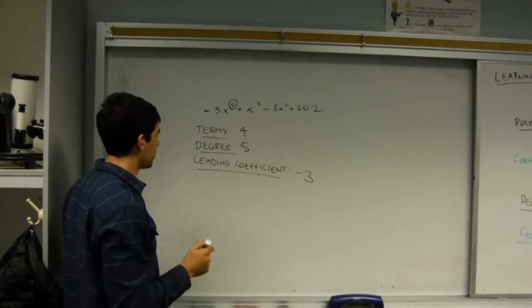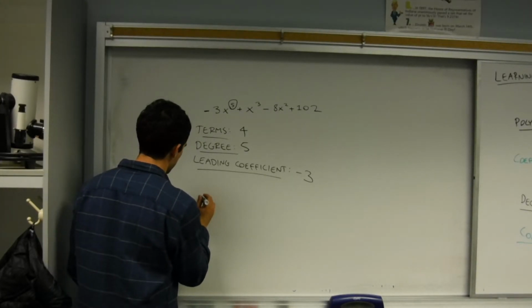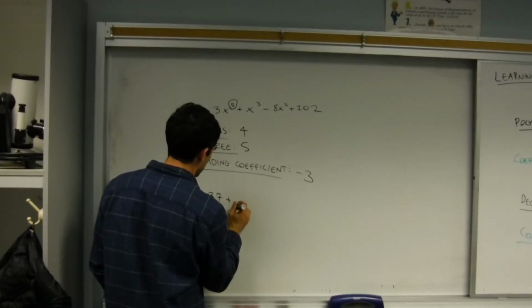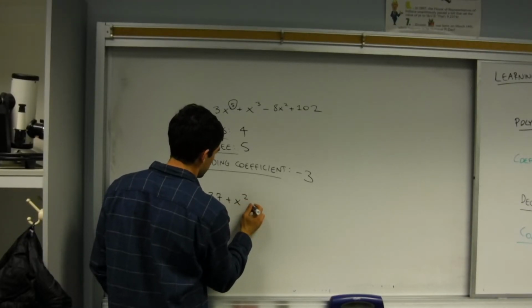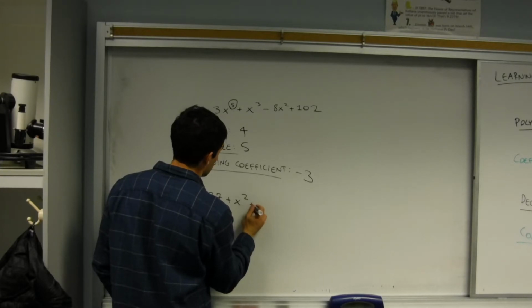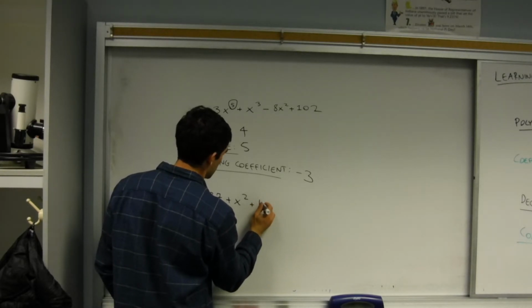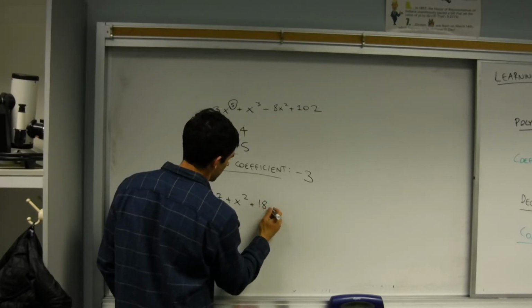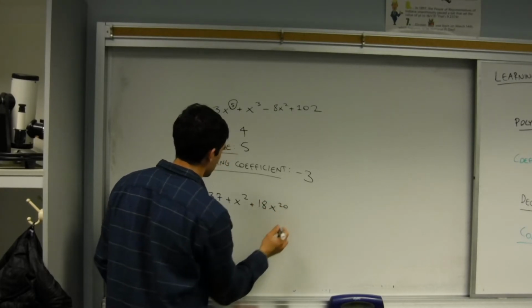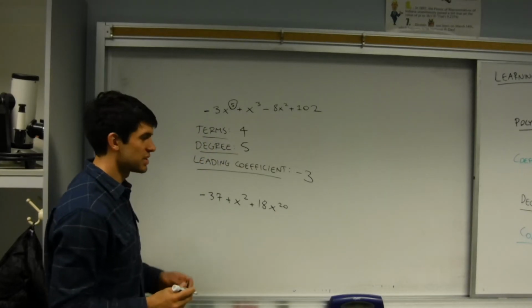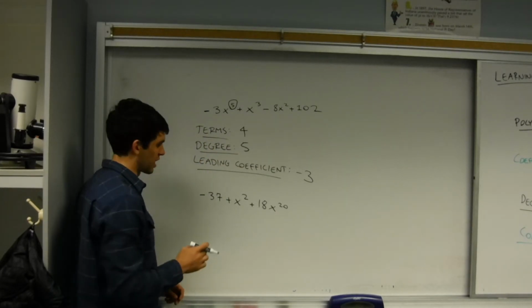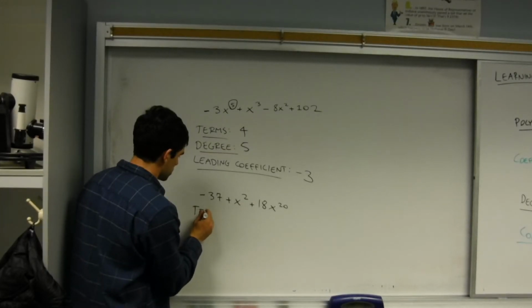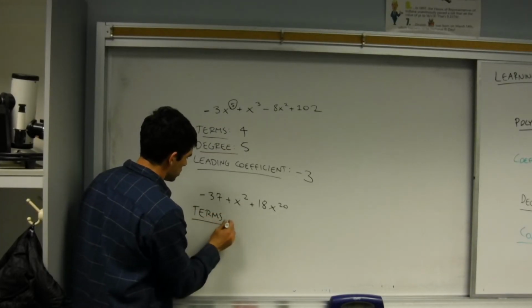We're just going to do one more really quick example. Suppose we have negative 37 plus x squared plus 18x to the 20th. In this example, how many terms do we have? We have 1, 2, 3. So terms, we have 3.